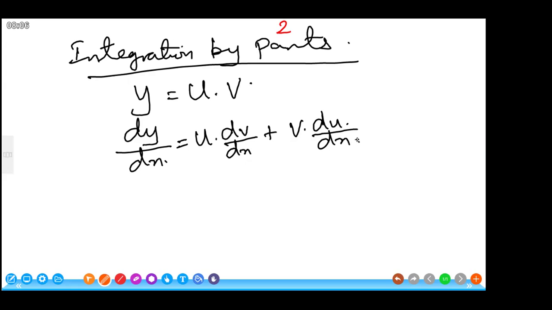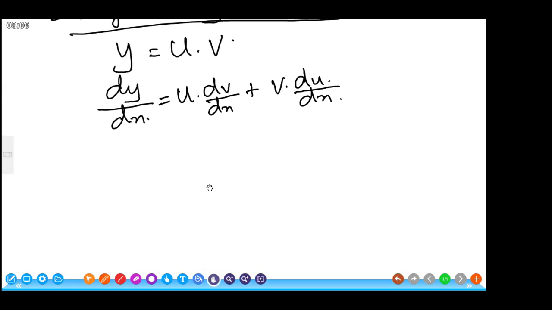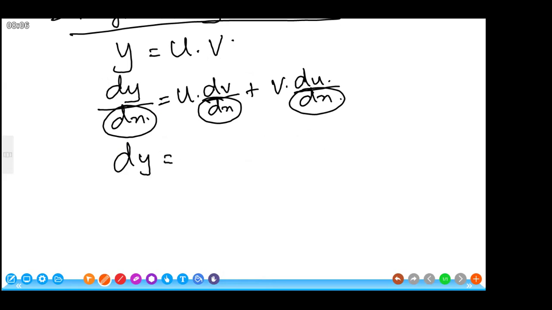The denominator is a common term, so we can write dy equals u into dv plus v into du. Do you all agree?